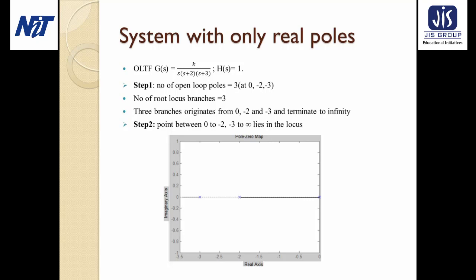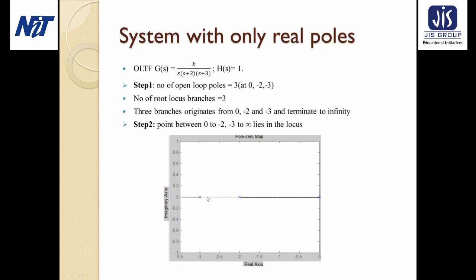Next, we need to check which points on the real axis lie in the locus. The first pole is at 0, the second pole at -2, and the third pole at -3.